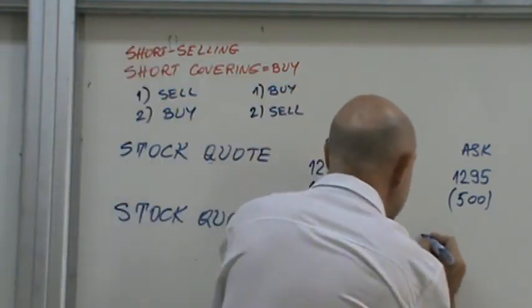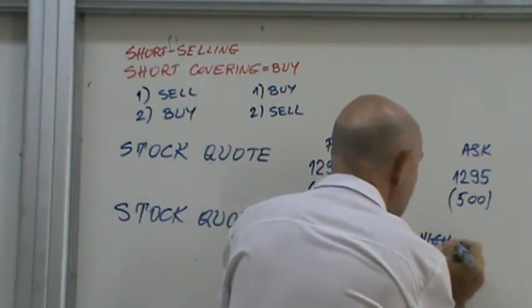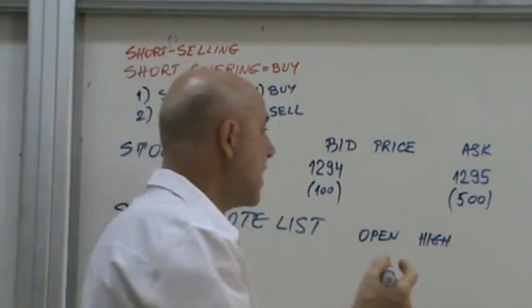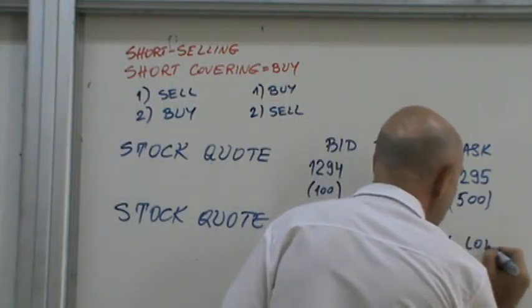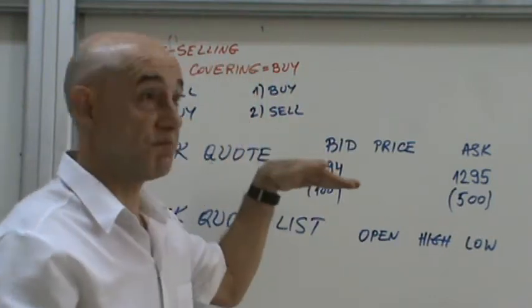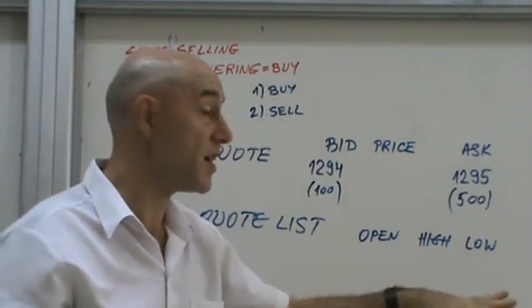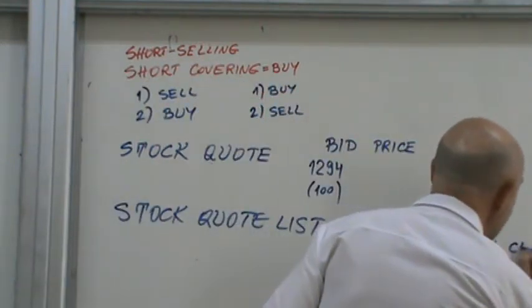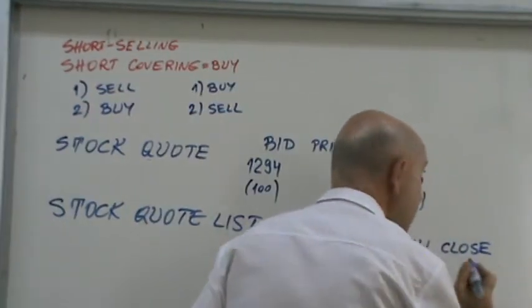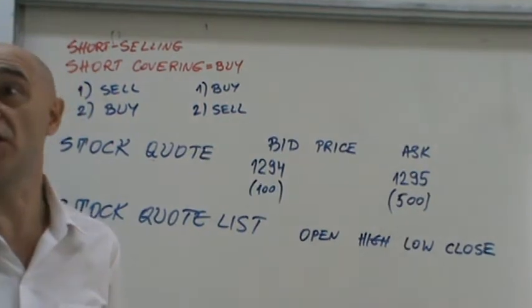Then they'll tell you what's the high price for the day. Then the low price for the day. So the market opened here, the highest price was this, the lowest price was this. Then what's the close price, where the market closed.